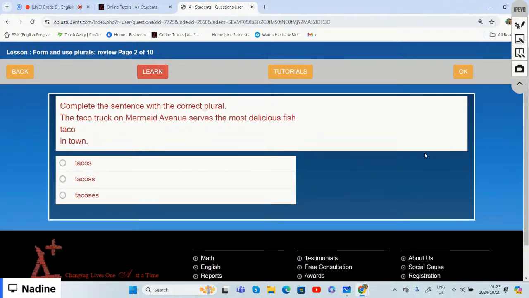The next one, the taco truck on Mermaid Avenue serves the most delicious fish taco in town. The word taco, is it option one, tacos? Option two, tacoss with a double S? Or option three, tacosis? Which one is correct? One, two, or three?